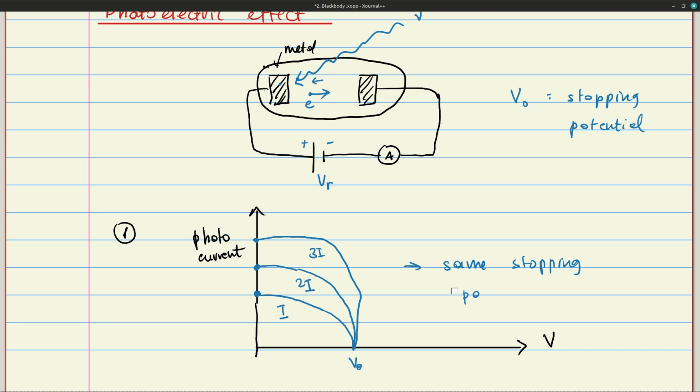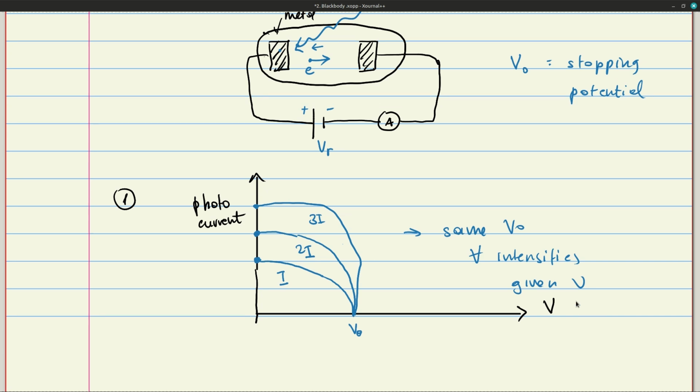Maybe I can just say V naught to be short for all intensities, given a frequency nu, which we don't care about at the moment. So this is experiment 1.